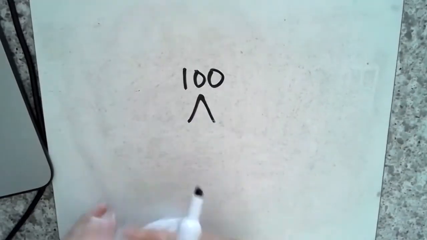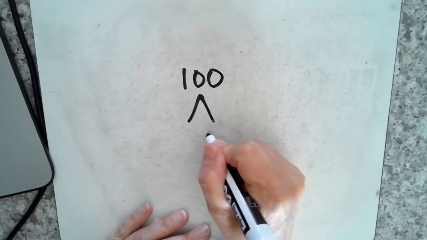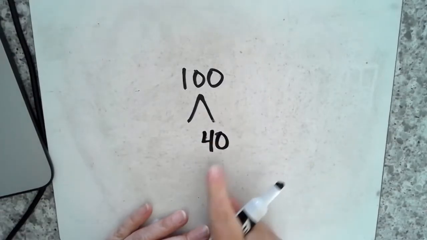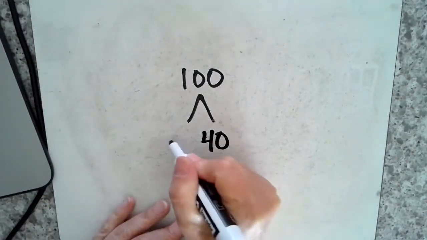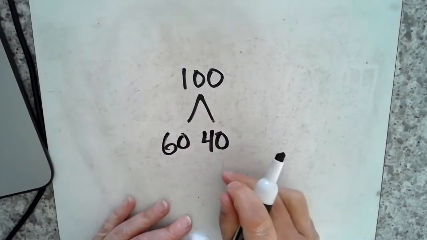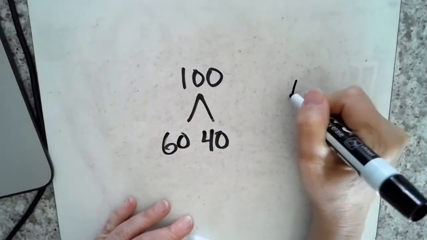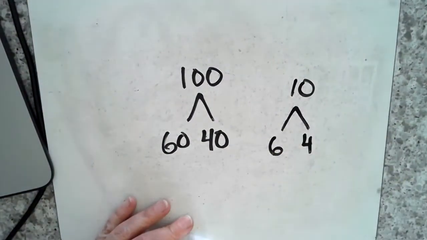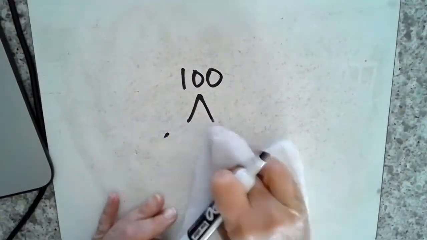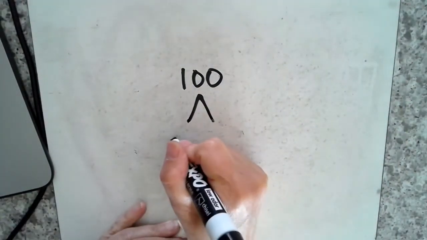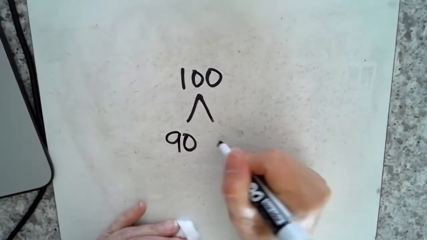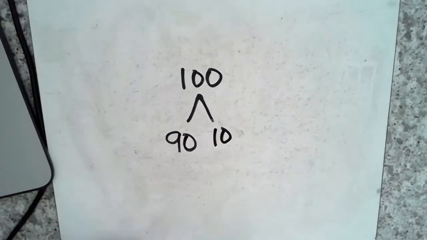What if I chose 40? 40 and 60. 60 and 40 is 100. Just like 6 and 4 is 10. Yep. Let's do one more. 90 and what is 100? Yep, 90 and 10 is 100.